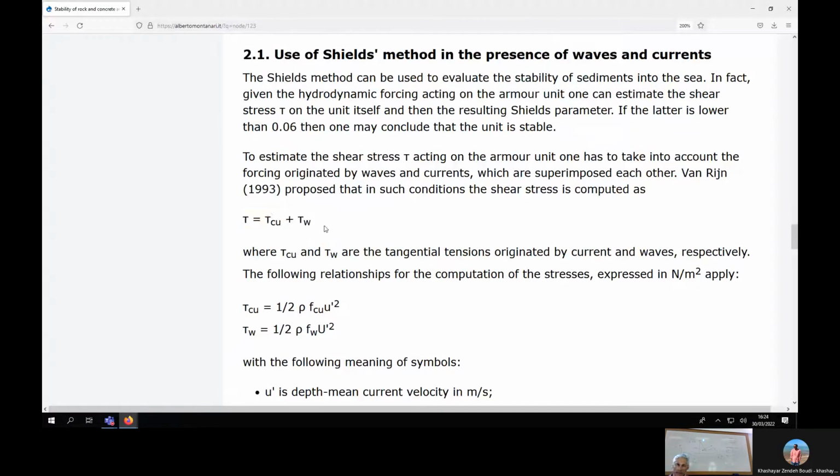Okay, how to compute them? This is relevant because even if we neglect the effect of currents, we still have the question of how to estimate the shear stress that is due to waves. So we can use these relationships, let's look at waves.